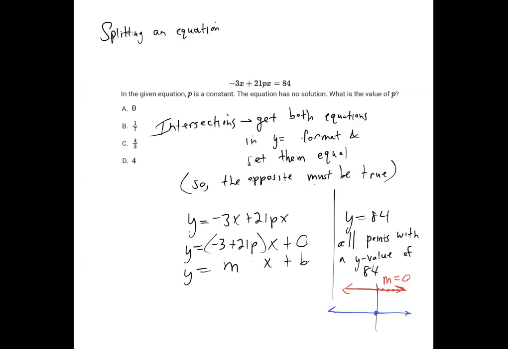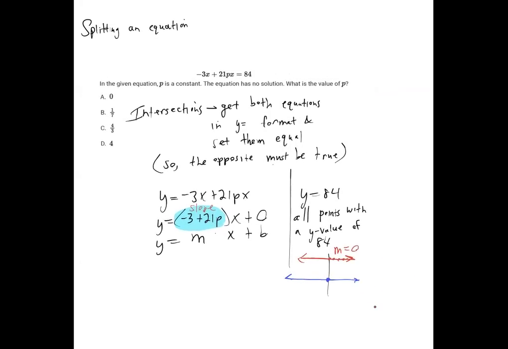So the idea of splitting an equation in this really tough situation is the idea of saying that the slope of this line that we're being given here must equal the slope of the horizontal line. Now that horizontal line, y equals 84, if we decided to put that in y equals mx plus b form, that would be y equals 0x plus 84, as weird as it looks.